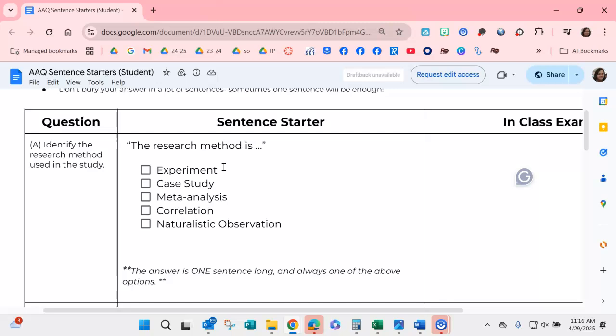All right. Case study. There's not really key words, but you would say it would be a unique or rare group. And it's going to be lots of information, lots of different information. Because a meta-analysis could have a lot of information, but it's all going to be similar. So a case study, they could have gathered interviews.